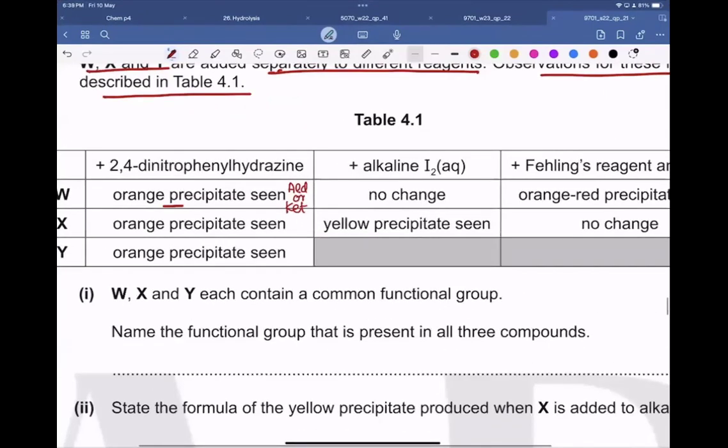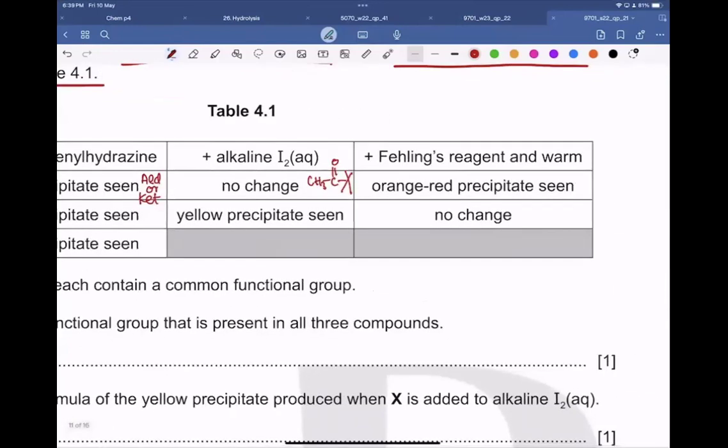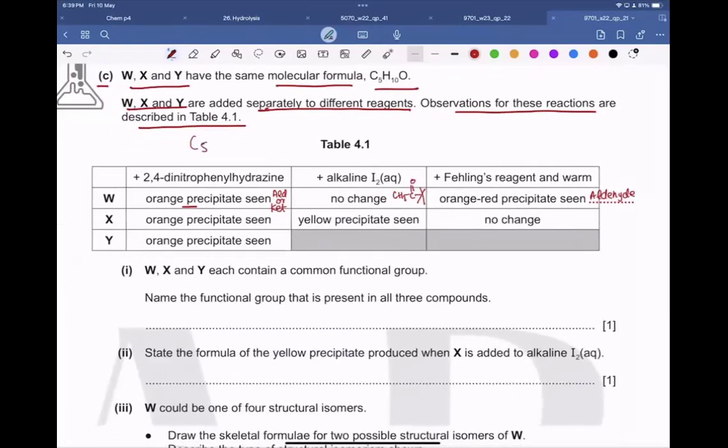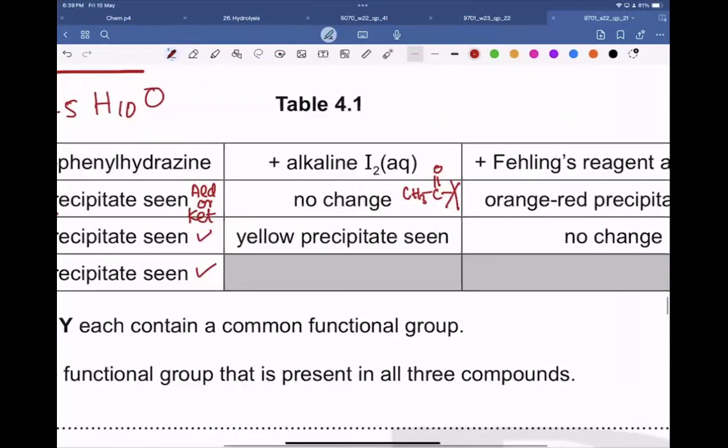But with aqueous alkaline iodine, there is no change. So it means the CH3C=O group is not present. And orange precipitates with Fehling's reagent. It means it's an aldehyde. Is this understandable? And the molecular formula is C5H10O. Okay. Now again, aldehyde and ketone is present. Yellow precipitate is seen.